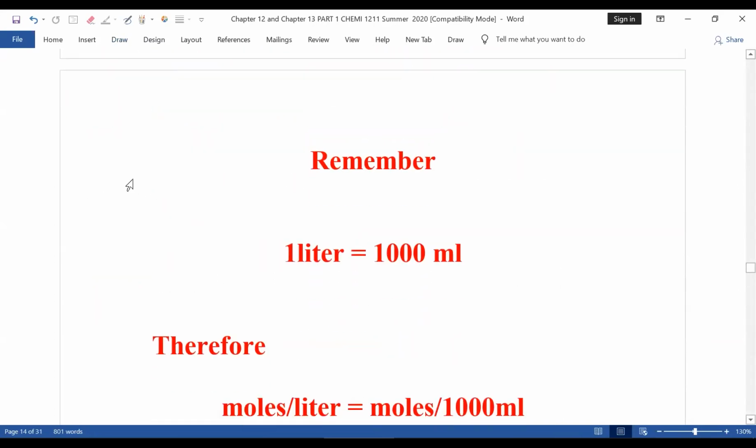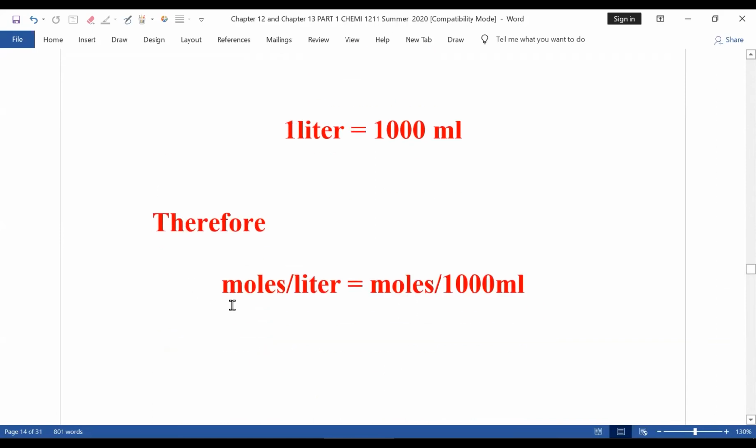Now, since 1 liter equals 1,000 milliliters, moles per liter equals moles per 1,000 milliliters. And this is a better definition that I like to use.